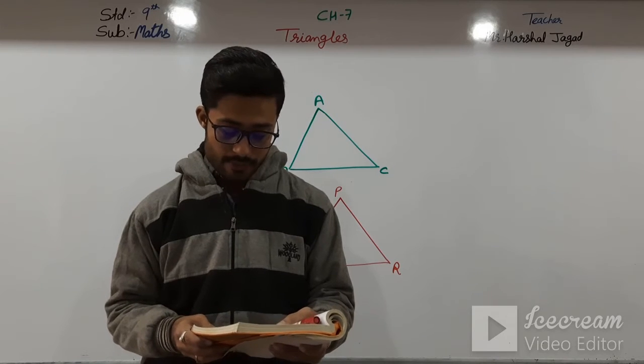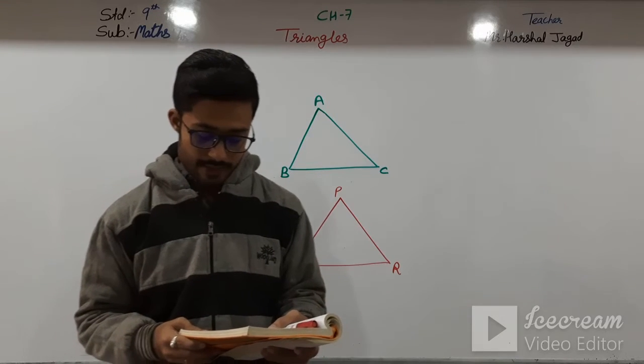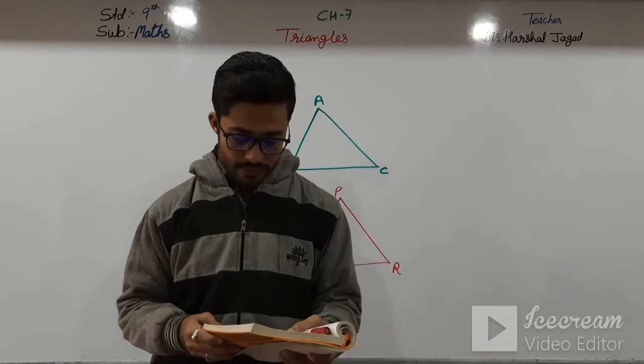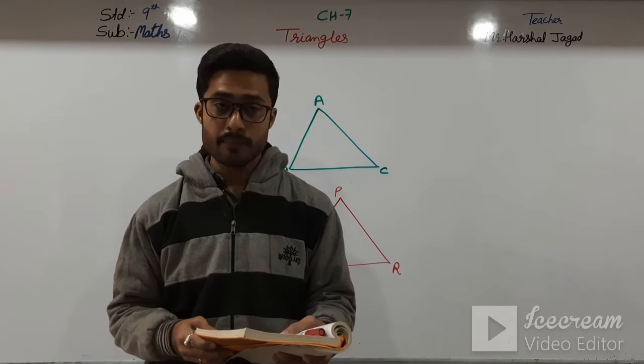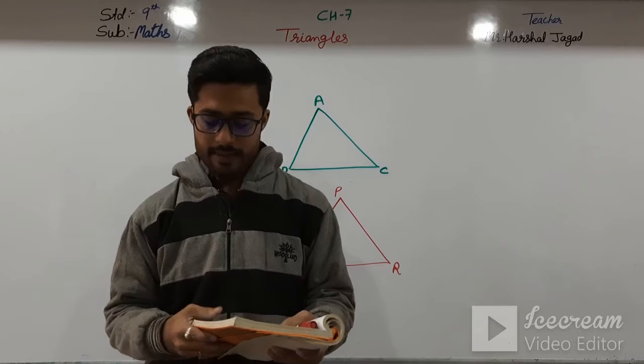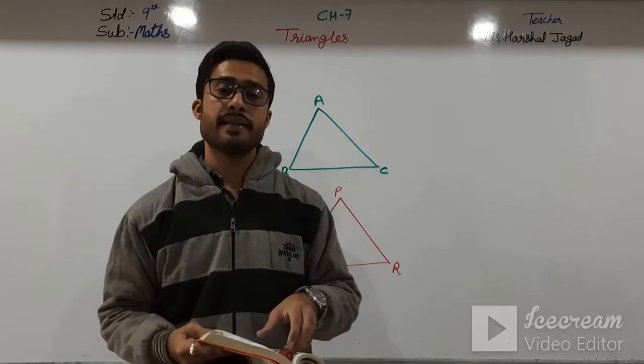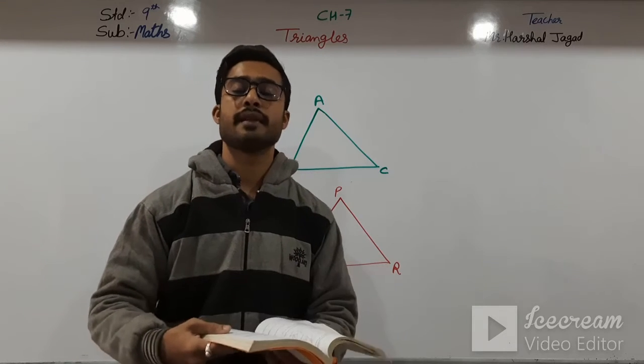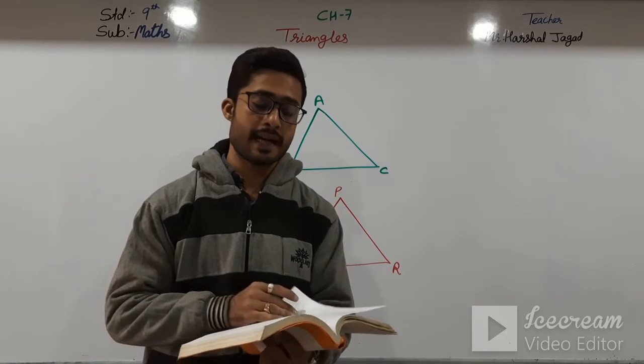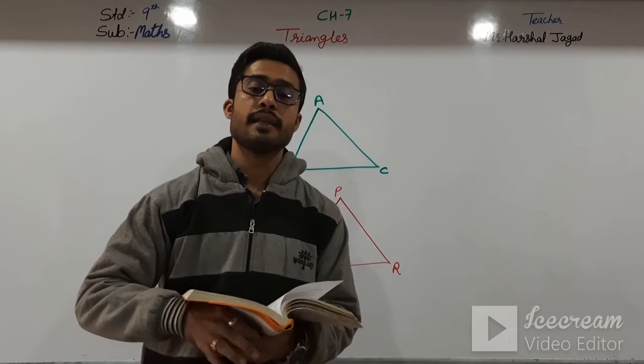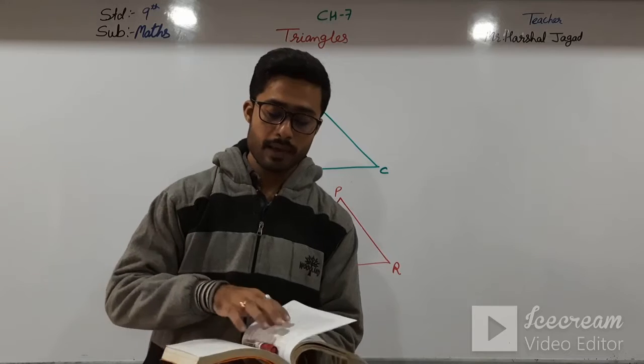Now draw two circles of the same radius and place one on the other. What do you observe? They cover each other completely, and we call them congruent circles. It means if I draw a circle with the same radius and cover it up, they will be congruent to each other.